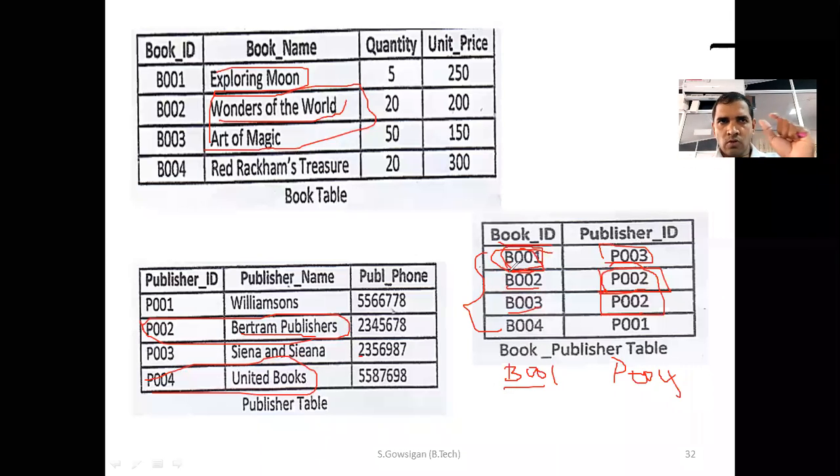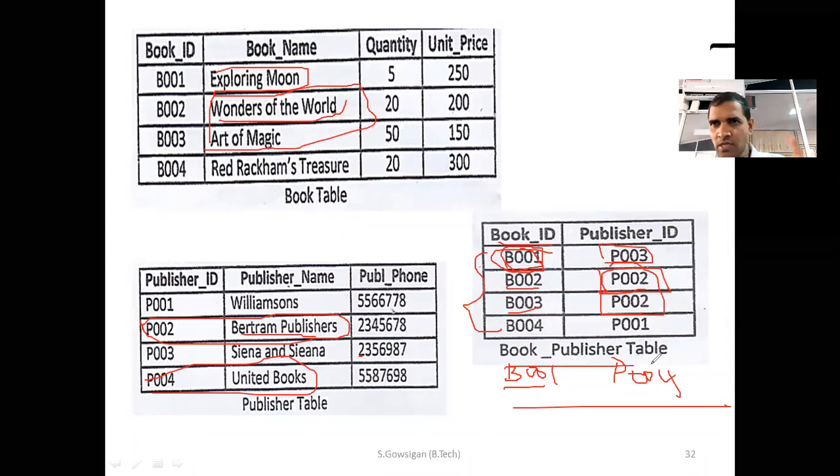Okay, right. So here it is very hard to find the primary key. Even I can say there is no primary key in the book publisher table. So quickly tell me, since the primary key is not found in the book publisher table, how do we identify every record there?